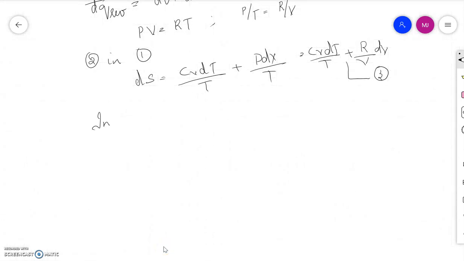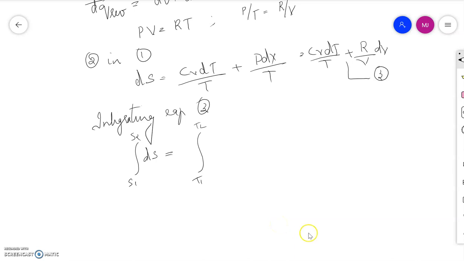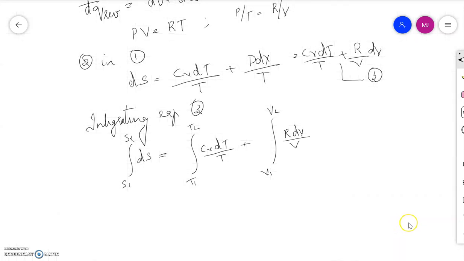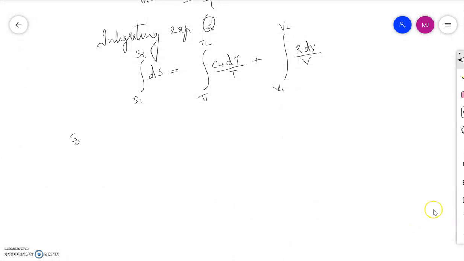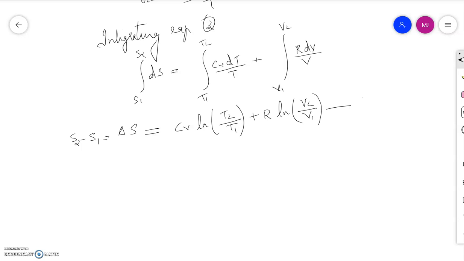Okay. Now integrating equation 3, we get the integral S1 to S2 dS, that is equal to the integral T1 to T2 Cv dT by T plus the integral V1 to V2 R dV by V. So when you integrate it, we get S2 minus S1, that is equal to delta S, as entropy is a state function, that is equal to, assuming Cv to be a constant, Cv ln T2 by T1 plus R ln V2 by V1, equation 4.